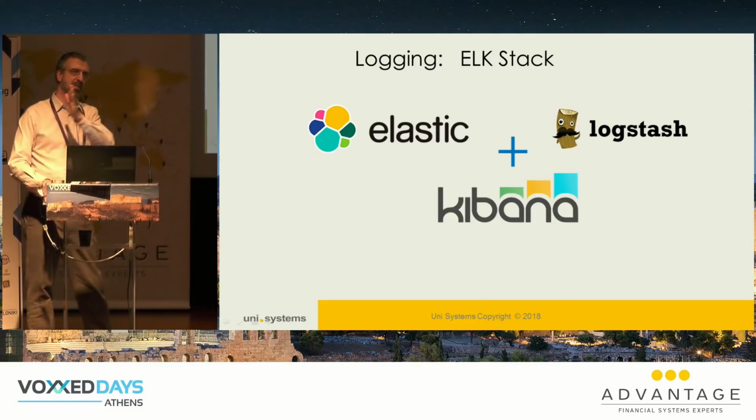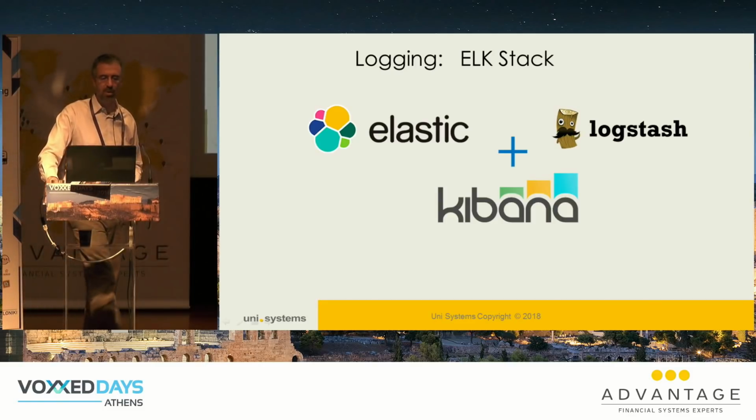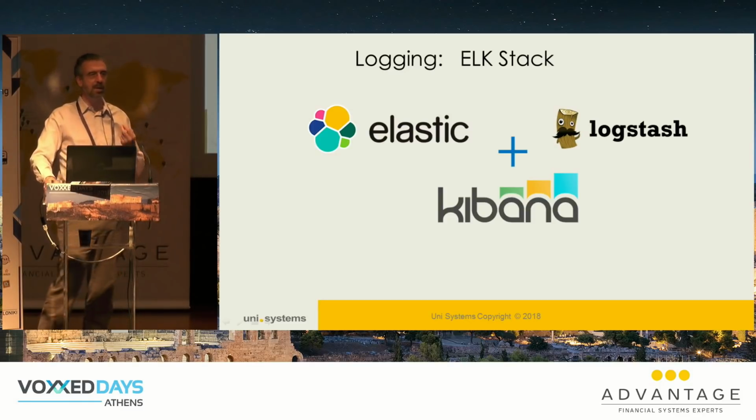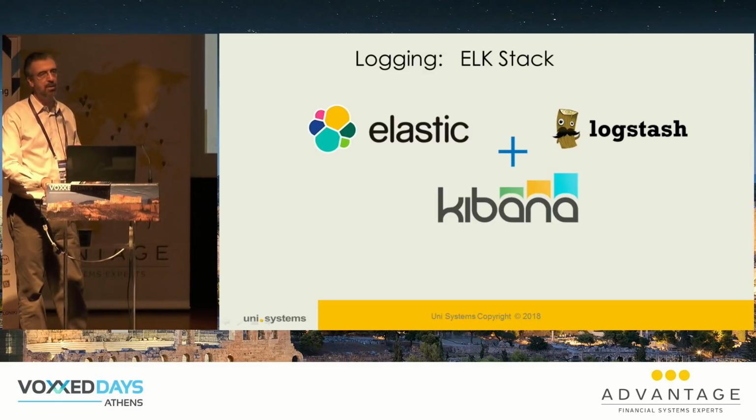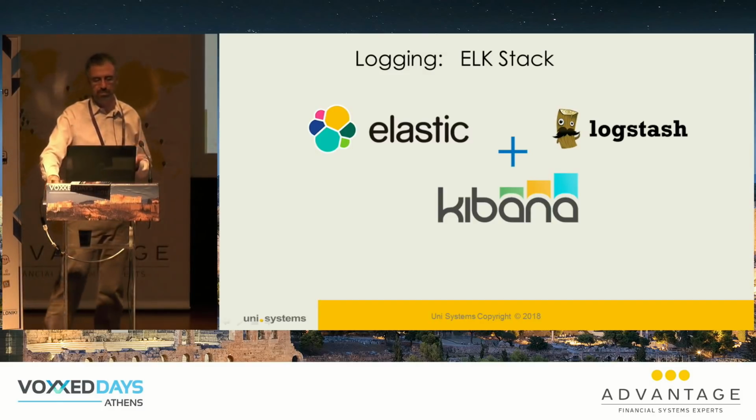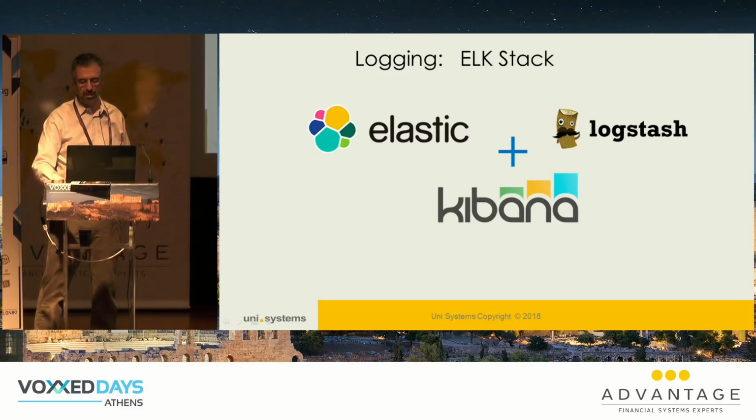Logging, that was the last thing if you remember on the middleware. It's an ELK stack, and it consists of three things. So it's a database itself, which is Elastic. And by the way, there's a presentation tomorrow on Elastic, so if you're interested in logging, you may attend that.